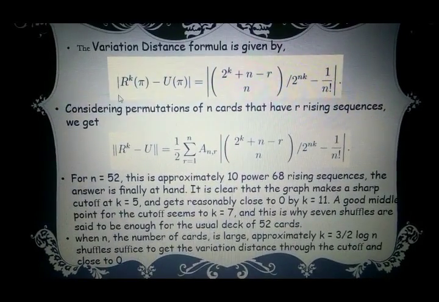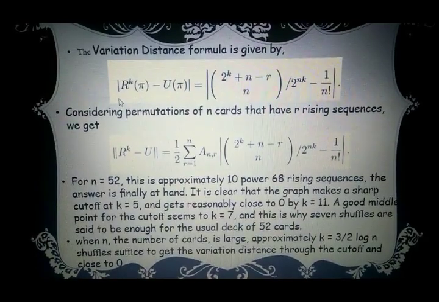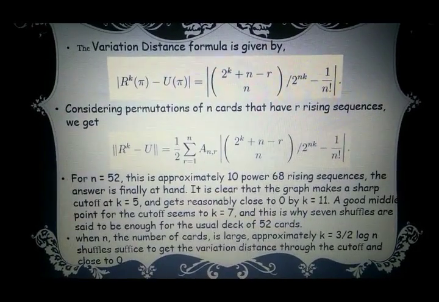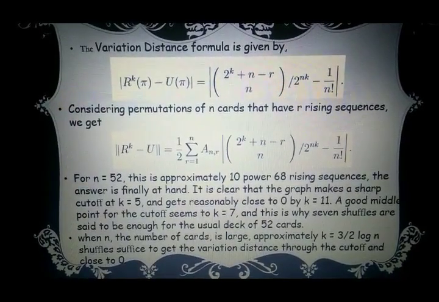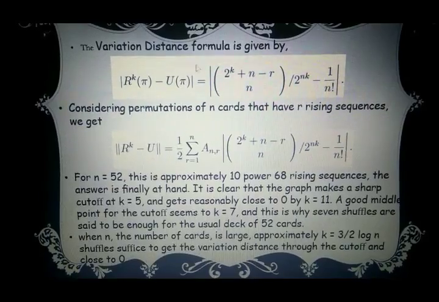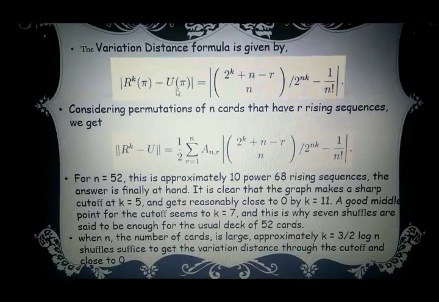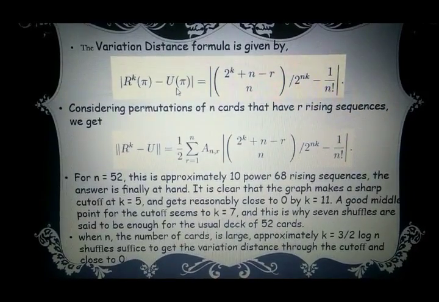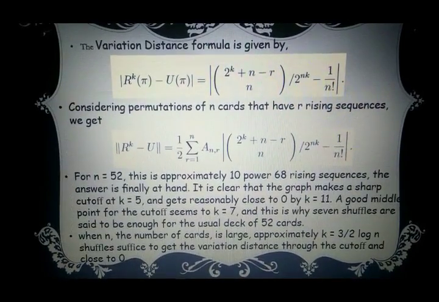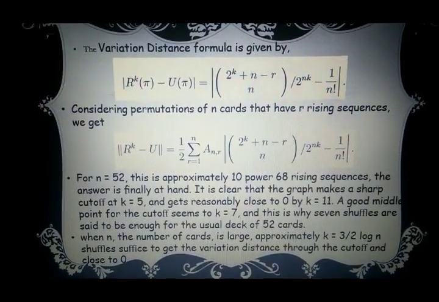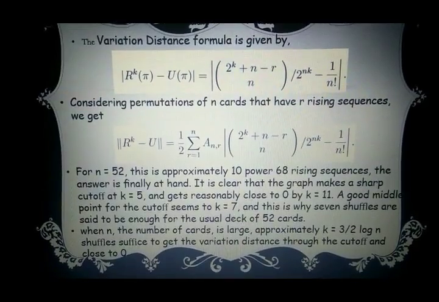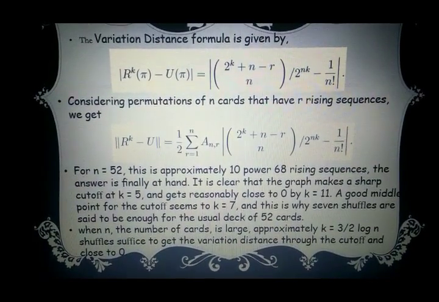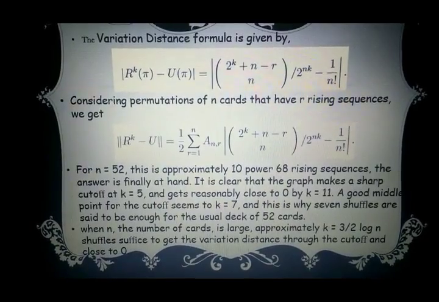R to the power k of pi is the probability density obtained after a riffle shuffle k times using the pi permutation, whereas U of pi is the uniform distribution, the completely shuffled deck.